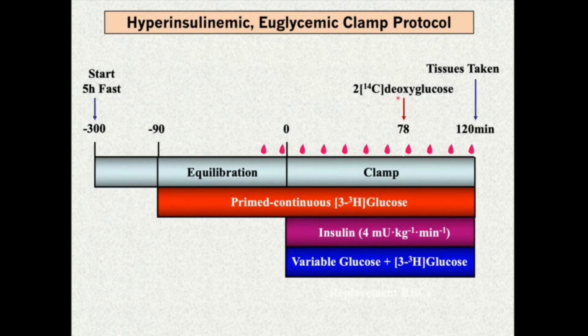Now, importantly, we give 2-deoxyglucose at 78 minutes and then sample frequently for 2-deoxyglucose to get a decay curve. We then excise tissue after sacrifice at 120 minutes and then measure in a tissue-specific way the amount of phosphorylated 2-deoxyglucose.